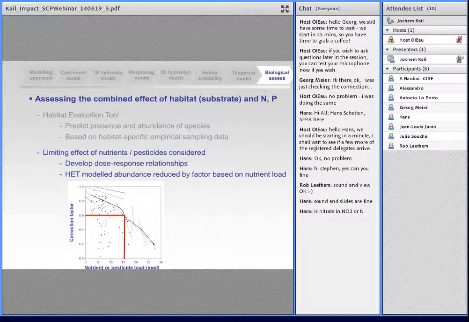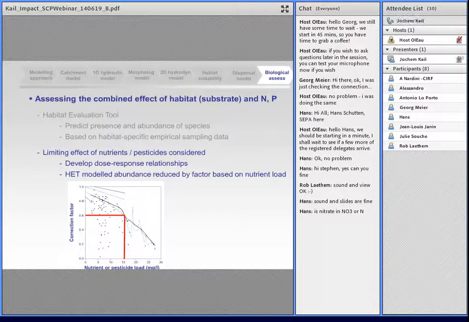As you can see in this figure, you've got the dose as the nutrient load on the x-axis and the abundance on the y-axis. And you see how the nutrient load reduces the abundance, and we use this as a kind of correction factor. So the output of the habitat suitability model, which is the abundance of a species based on the substrates which are present, is corrected and lowered by a factor which incorporates the effect of the nutrients.